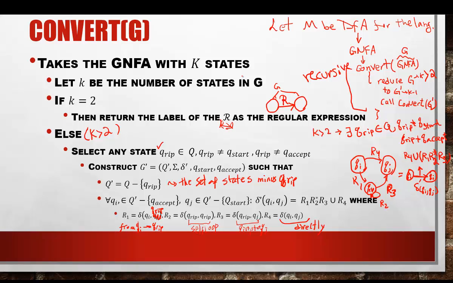So let's go ahead and take a look at an example for a deterministic finite automaton, and convert that into a GNFA, and eventually come up with its regular expression. So next, I'm going to show you an example.